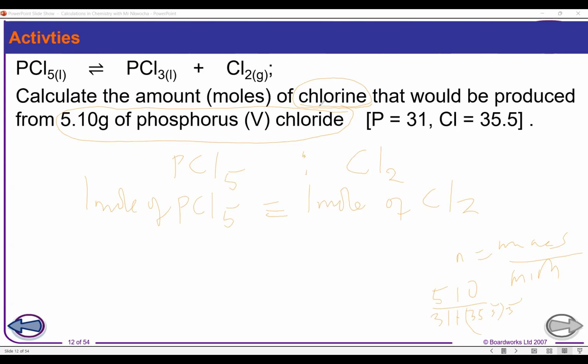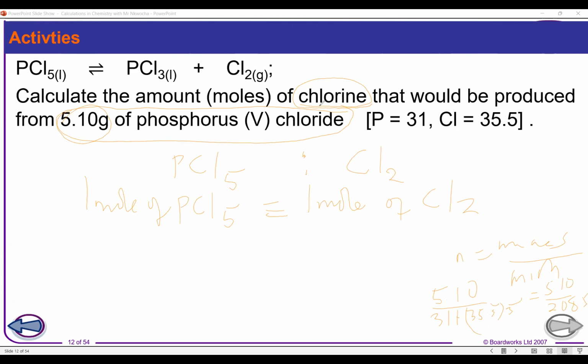So everything gives us 208.5. So that means you're going to have 5.10 divided by 208.5. So that is converting these grams to mole.